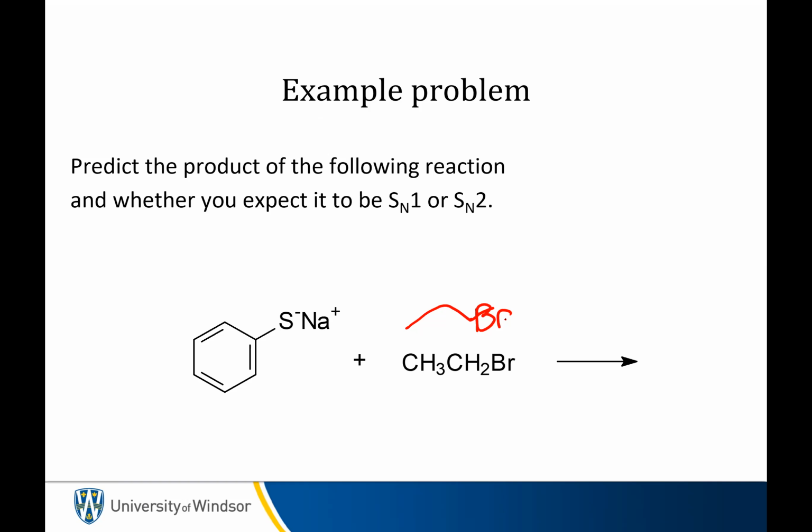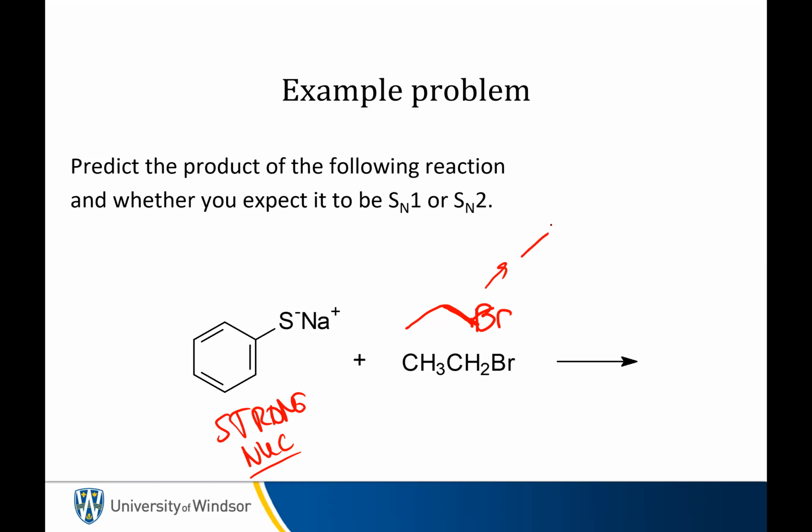SN2. It is an SN2. We have a strong nucleophile. It's negatively charged. It's reactive. It's not going to wait around politely for the leaving group to leave. It's going to barge in and knock that leaving group out. We have a leaving group on a primary carbon, right?